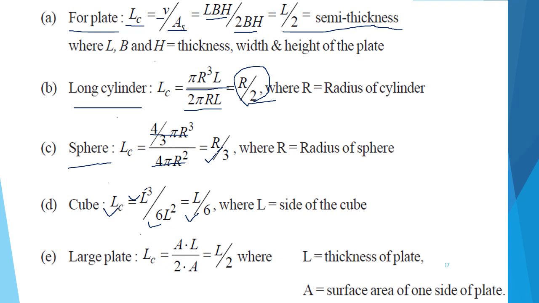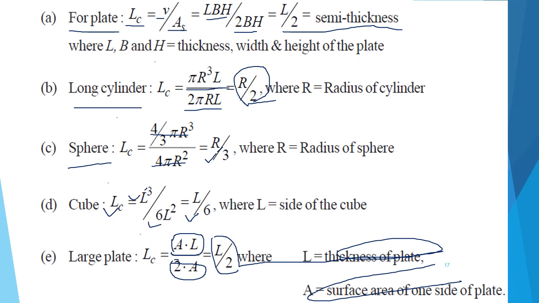In the same way, if we talk about a long plate, the volume is area into length and the surface area is 2 into A. So characteristic length is L by 2, where L is the thickness of the plate, and A is the surface area of the plate on one side.